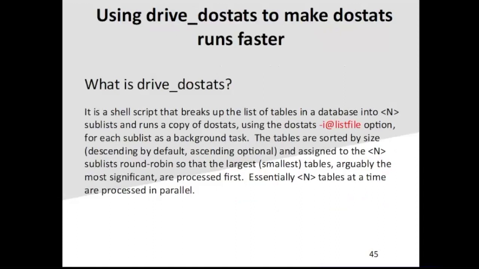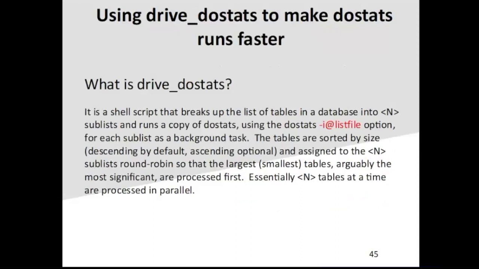Tables are sorted by size. By default, they're sorted descending, but you can optionally sort them ascending. So it processes all the small tables first, whereas normally it processes all the big tables first. If you tell Drive DoStats to run 3 copies of DoStats, the first 3 biggest tables will be processed first by those 3 different instances, then the next 3 biggest tables, and the next 3, and so on.